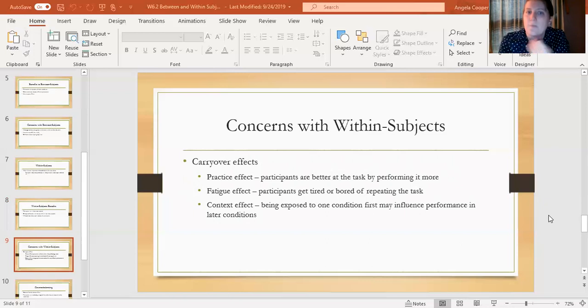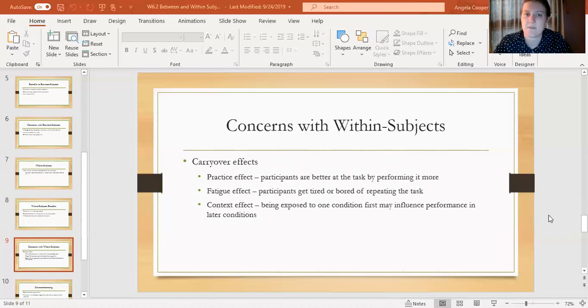So the first is a practice effect, where participants are better at the task simply because they've been practicing it more. Maybe you're doing simple math, like if you remember elementary school where you got that paper that had all the multiplication tables on it. Maybe you have a quiet and a noisy condition and they're given these multiplication tables to do for a minute, and you compare the two.